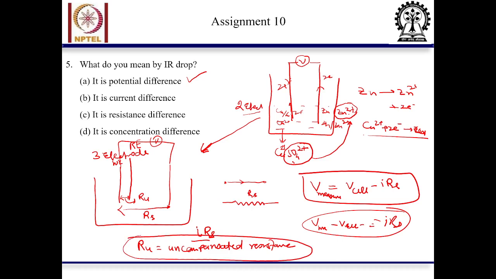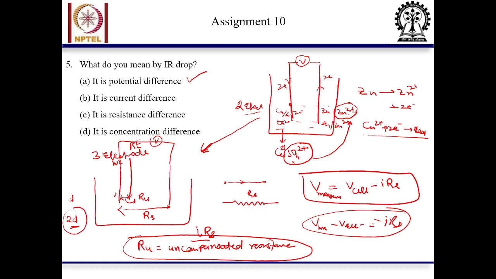The answer is no, because ideally the working electrode and reference electrode should be at the same place, but we can't keep them at the same place because there will be an electric field disturbance between the working electrode and reference electrode. The question is, how far can the working electrode and reference electrode be kept? If the reference electrode tip diameter is D, we can go to a minimum of 2D distance.